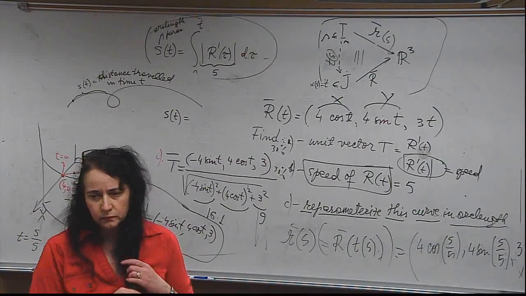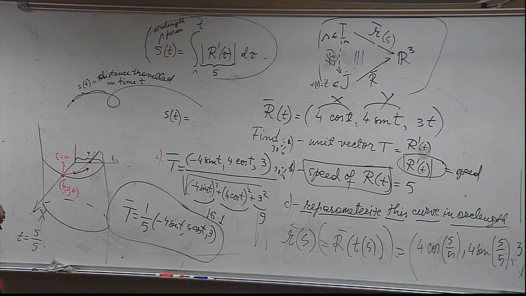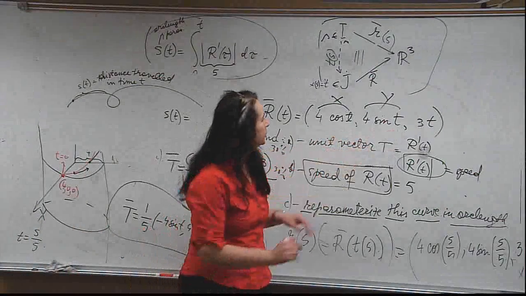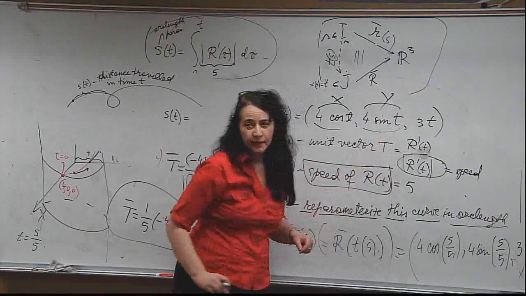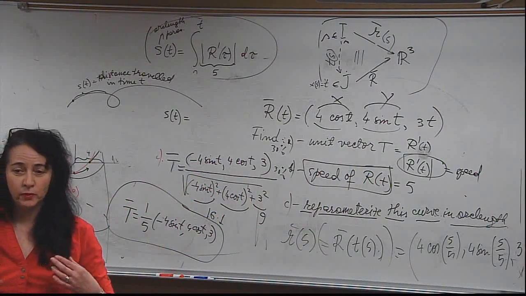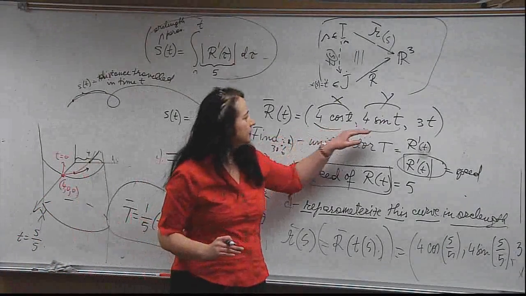Yes, sir. I can follow along, I was just confused at the beginning when you got x squared plus y squared equals 4 squared. What did you do to get that? Oh, okay. I eliminated the t between the first two equations. This is called eliminating a parameter, which was the time parameter between x and y.